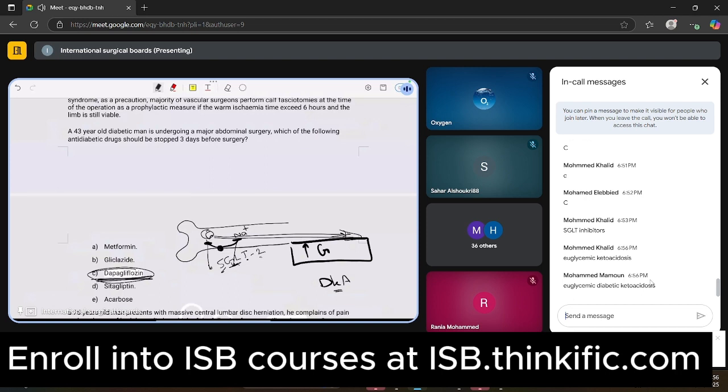Why is blood glucose normal? Because it's lost in urine. And when it is lost in urine, in addition to the surgical stress, you're depriving the patient of energy sources. So more lipolysis will occur, more fatty acids will be oxidized, more ketone bodies will be produced. That's an important thing to know.